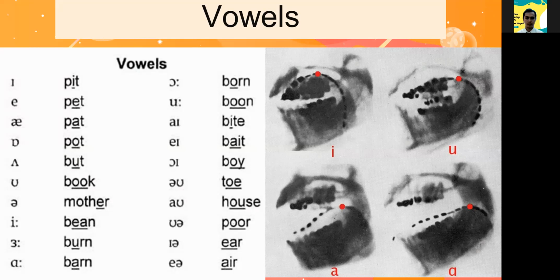When you produce i, your tongue will go in a raised position into the front part of your mouth. When you make u, it is raised, but at the back side, toward your palate. When you talk about the open back vowel, it will be down under, in a lowered position, and the a, it will be a little bit in front, slightly in front, but still low.